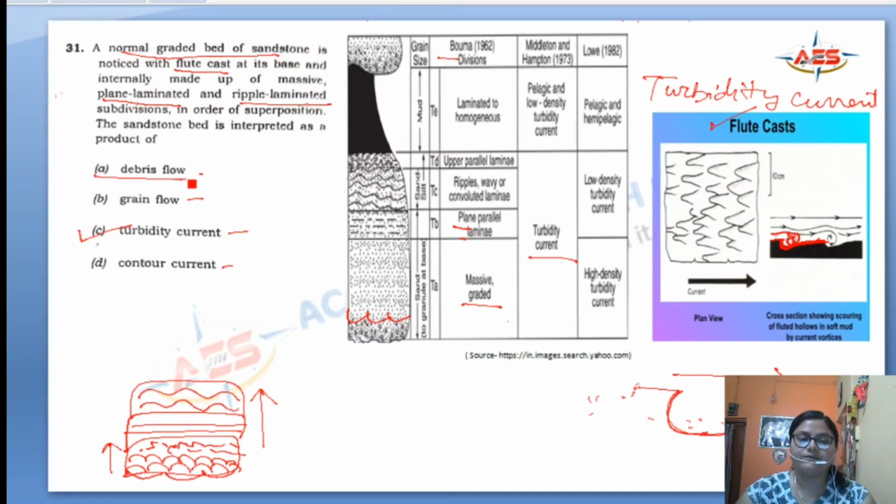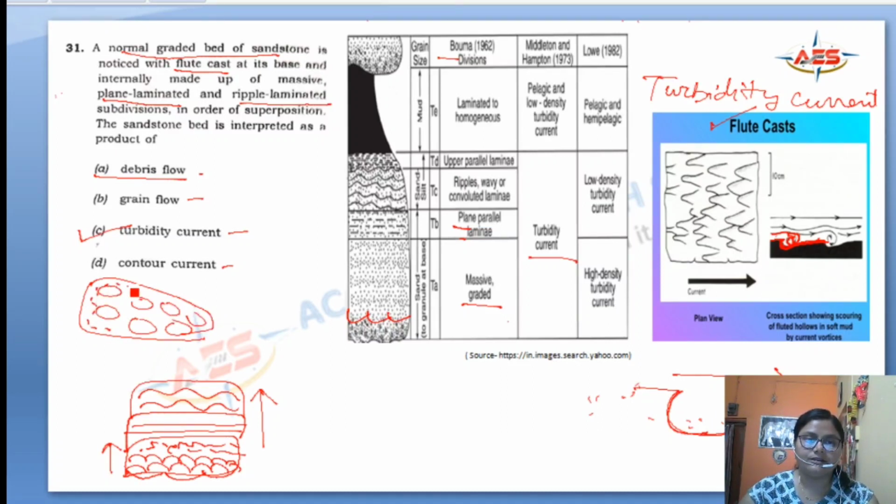In the case of debris flow, debris flow क्या होता है? Generally when the sediment consists of larger clasts, these larger clasts are supported by a muddy water mixture which is cohesive in nature. The cohesive force generated by the muddy water mixture supports these clasts, and the flow that is formed is called a debris flow. It is a sediment gravity flow.